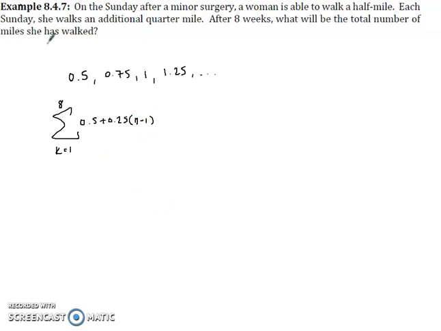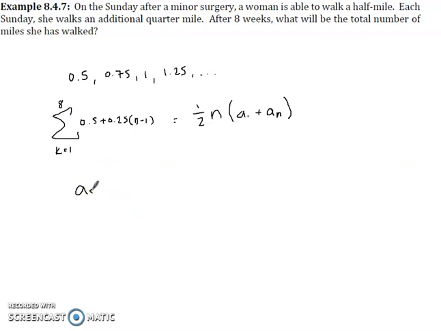So finding our sum, we can use our formula, which is 1/2 multiplied by the number of terms times the sum of the first term and the last term in our series. Oops, that should be a sub n. So what I need to do is find a sub n. I need to figure out how many miles she walked on that 8th week.